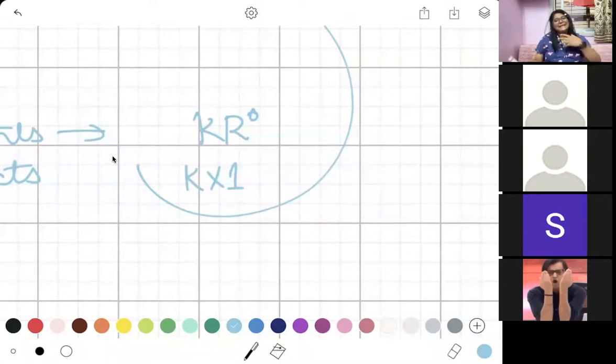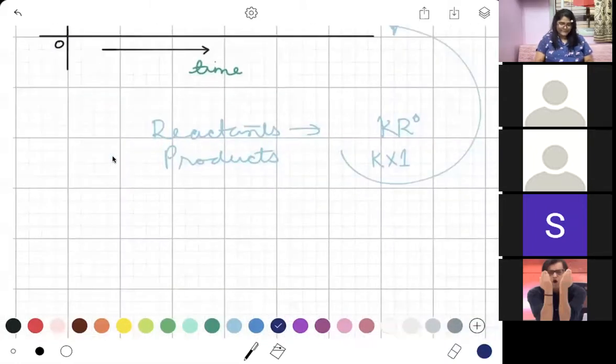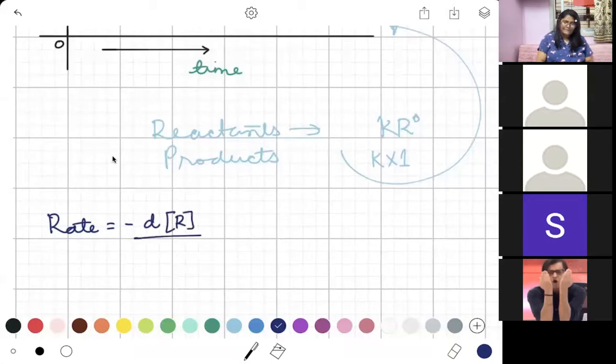Now if I take these two reactions and note this down, I'm going to write two parts. I hope you are able to follow after I write them down. The first part is d of my reactants divided by dt.